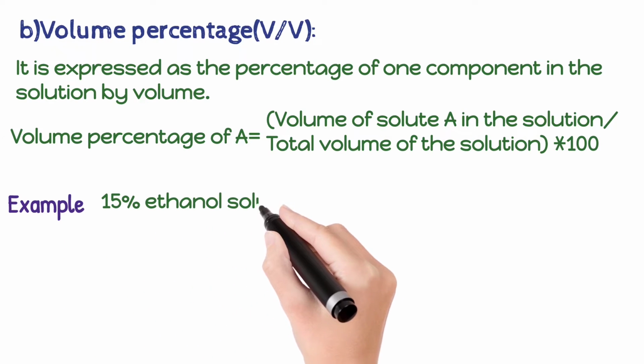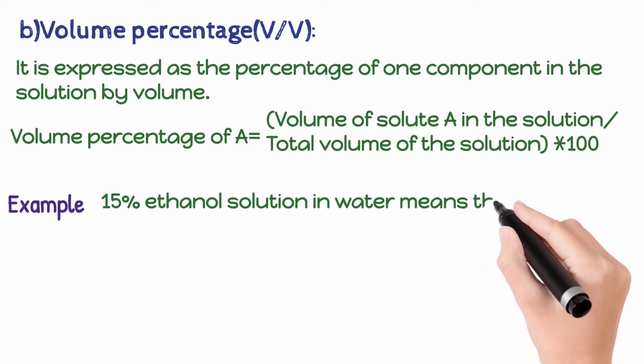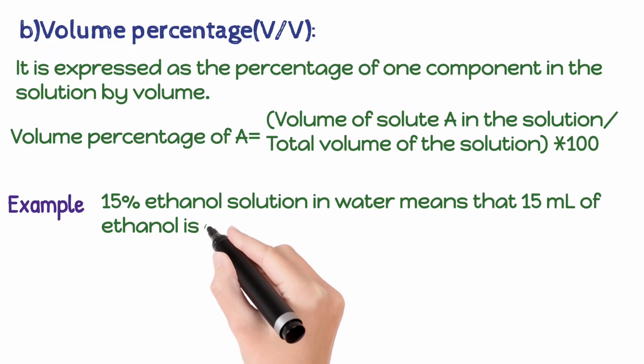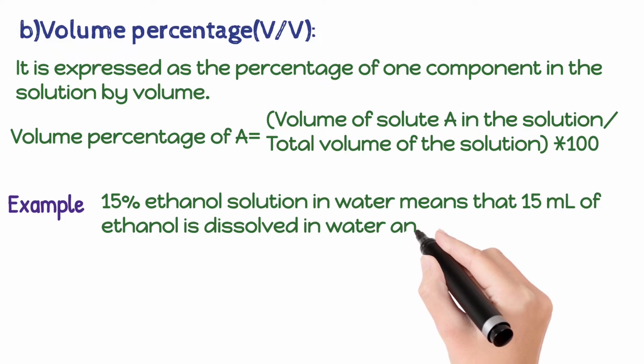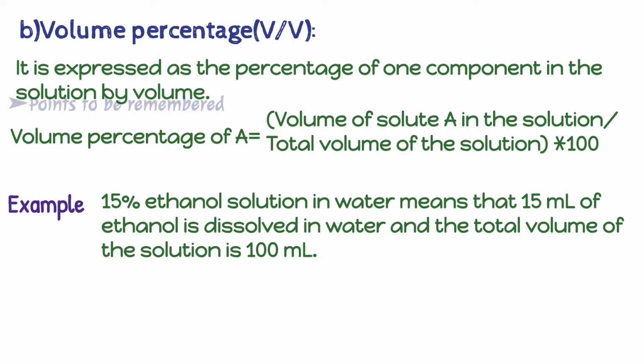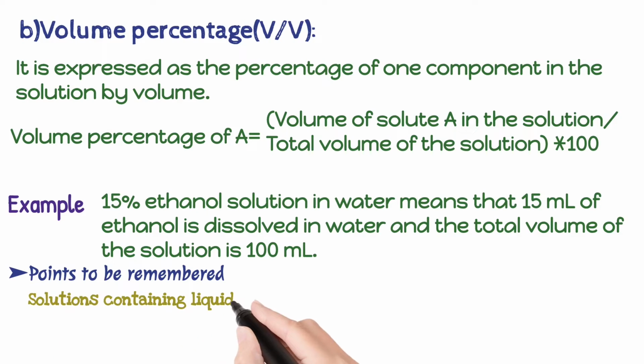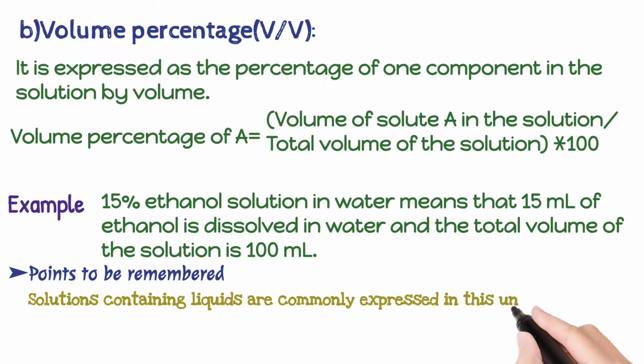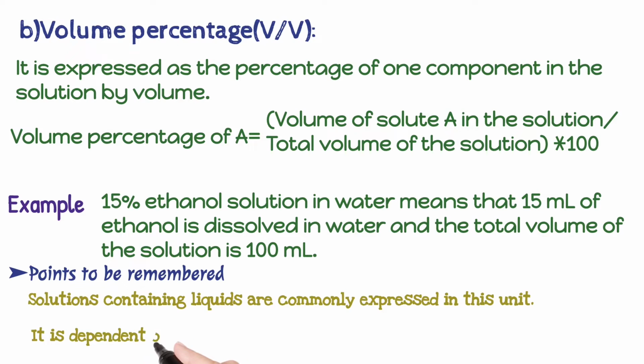A 15% ethanol solution in water means that 15 ml of ethanol is dissolved in water and the total volume of the solution is 100 ml. Solutions containing liquids are commonly expressed in this unit. It is dependent on temperature.